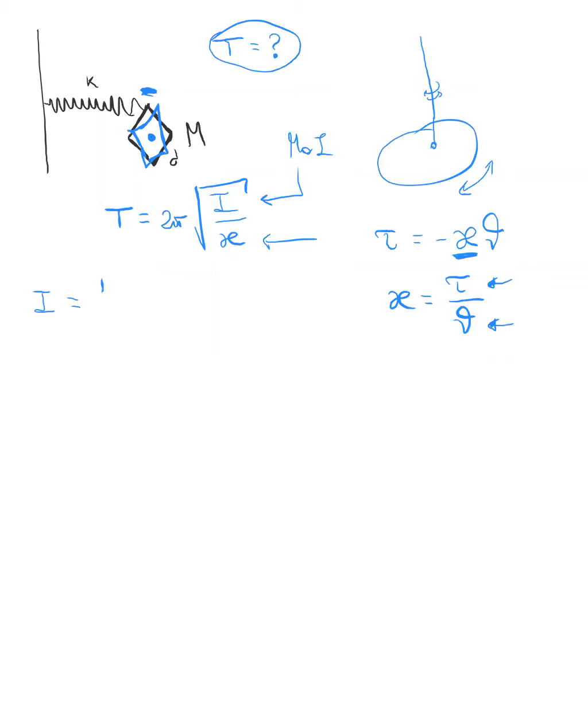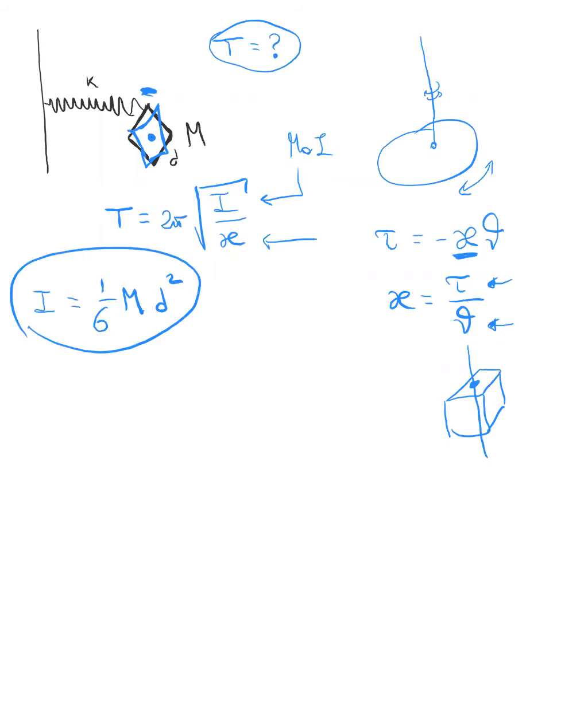So 1/6 mass of the cube times its side squared, and that's true if my axis of rotation is pointing like this and goes exactly through the middle, which is the case here. Okay, so I have my moment of inertia. Now I have to figure out what's my torsion.